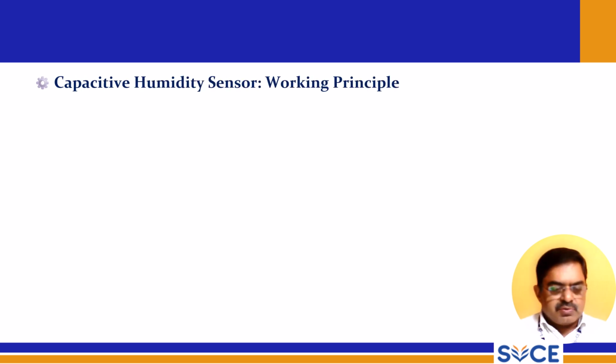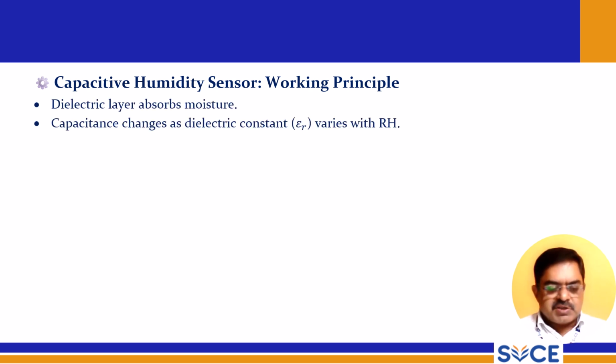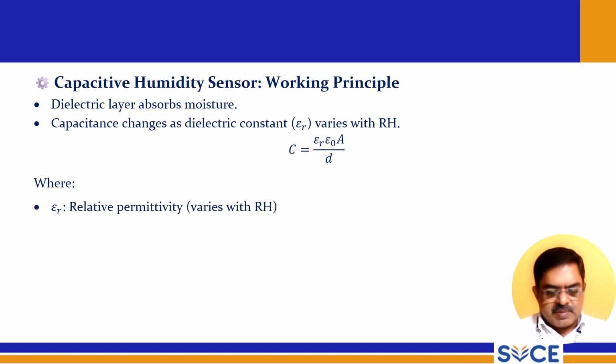So, capacitive humidity sensors. The working principle is that the dielectric layer absorbs moisture. Capacitance changes as the dielectric constant varies with the RH. So the capacitance C is equal to epsilon R epsilon naught into A divided by D. Any of these parameters can be varied, and there will be a change in capacitance.